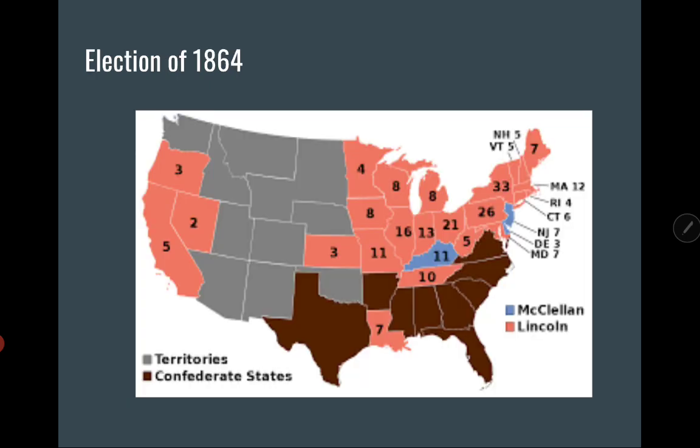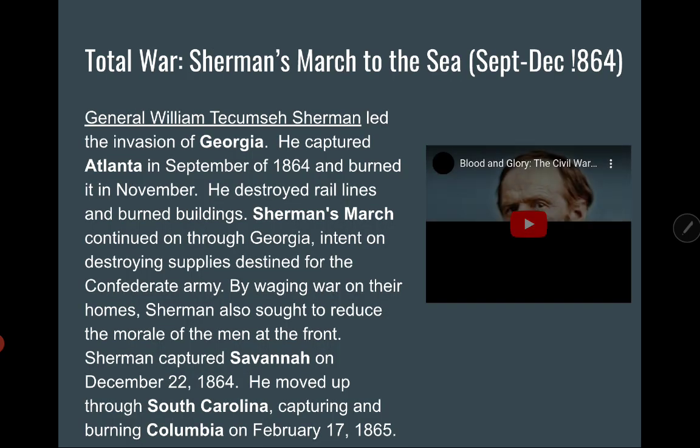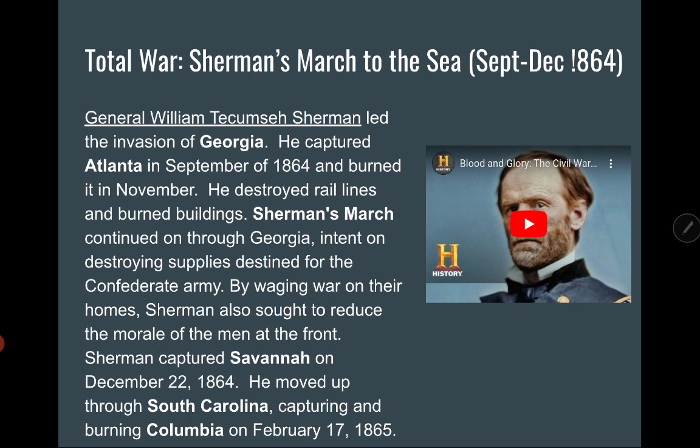But in the election of 1864, Lincoln is going to win, and one of the reasons why is because the war takes a turn for the better for the North. Sherman is going to have his march to the sea, and he captures Atlanta in September of 1864.